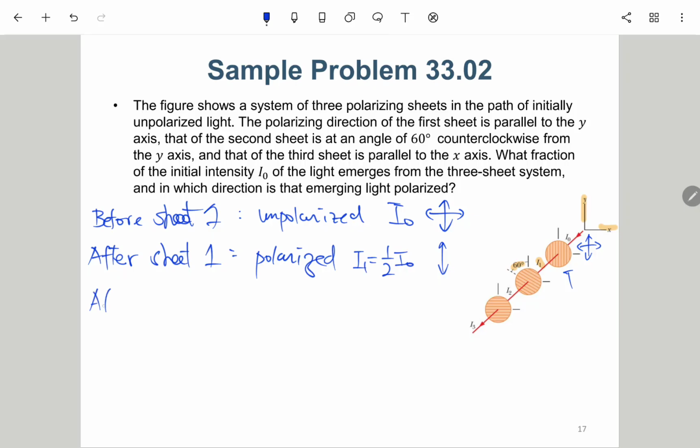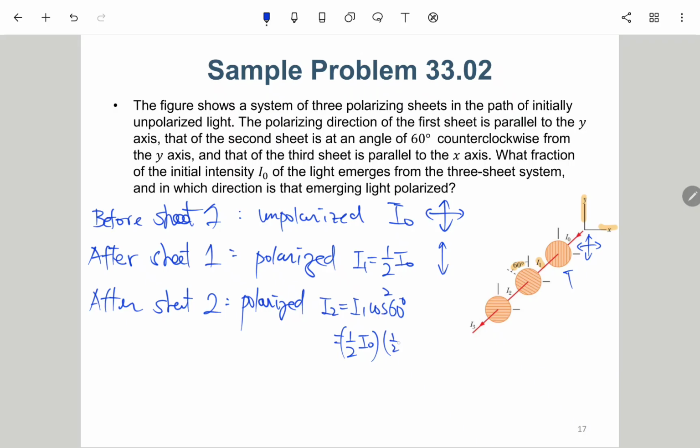After sheet number 2, the light is also polarized. I2 will be I1 cosine of 60 degrees squared. Makes sense? Half of I0 is I1, and then cosine of 60 degrees is 1/2.